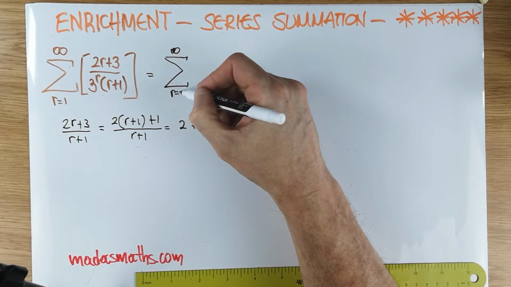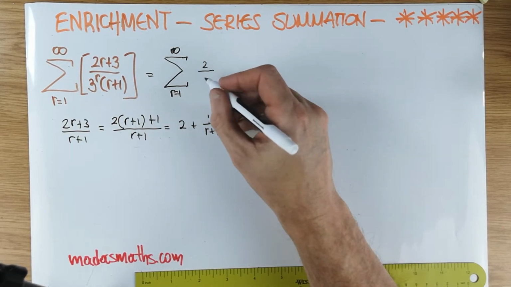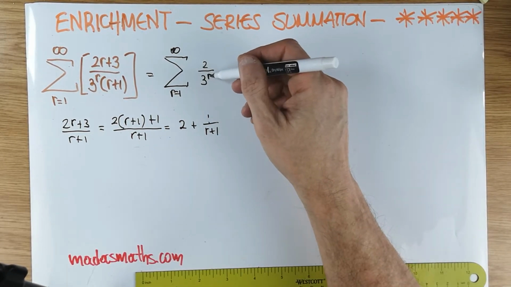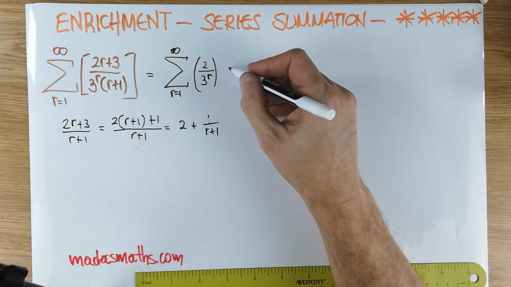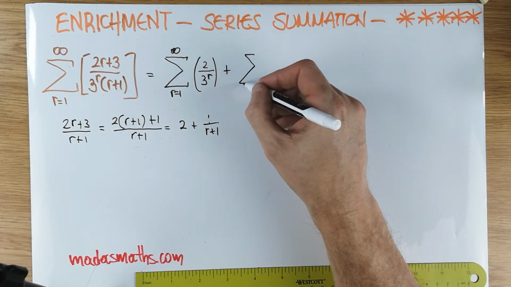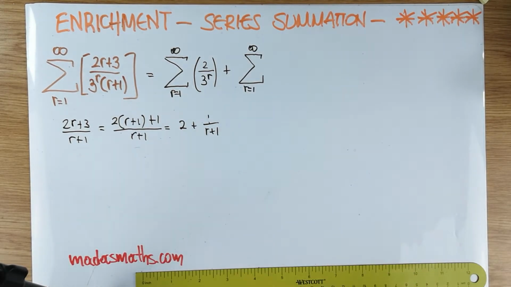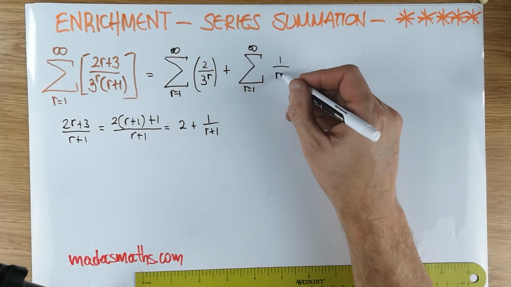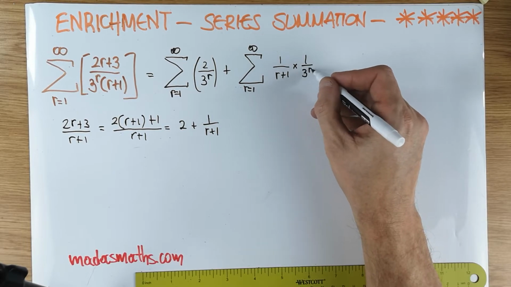From r equals 1 to infinity, 2 over 3 to the r, that is this bit here, plus another sigma, and on the other sigma we're going to have a 1 over r plus 1 times 1 over 3 to the r.